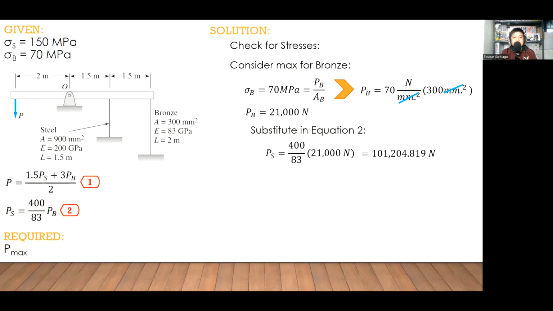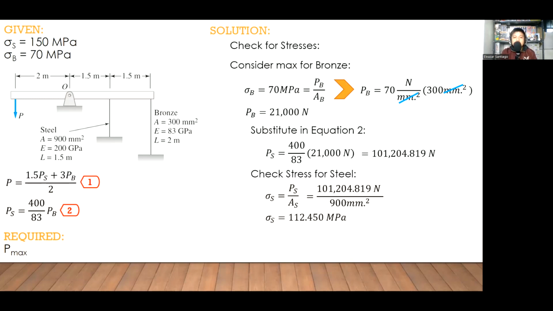Knowing this PS, let us check the stress for the steel rod. The stress is equal to the force all over the area, wherein the force is 101,204.819 newtons divided by the area, that is 900 square millimeters for the steel material.